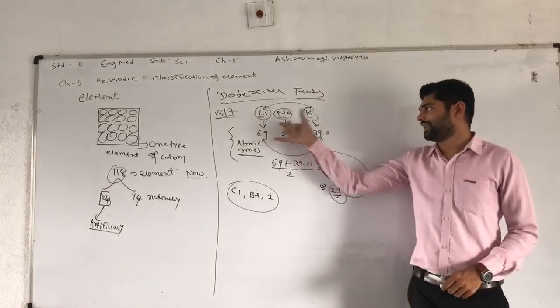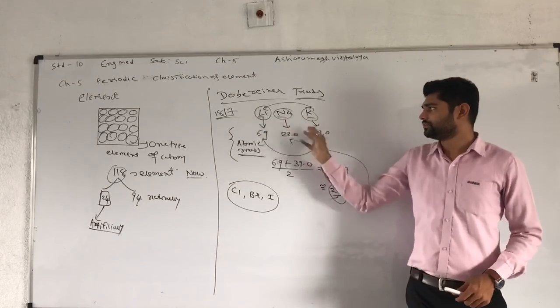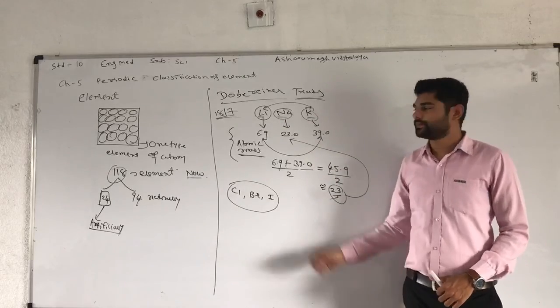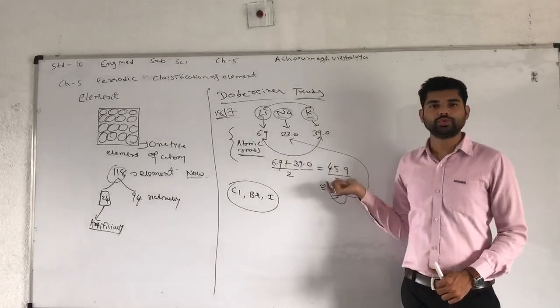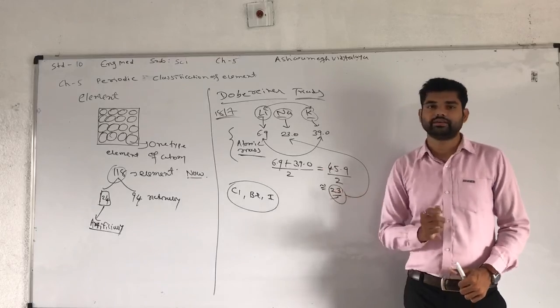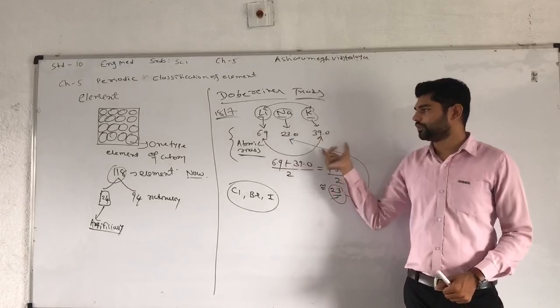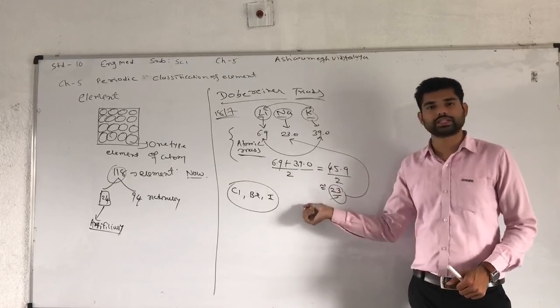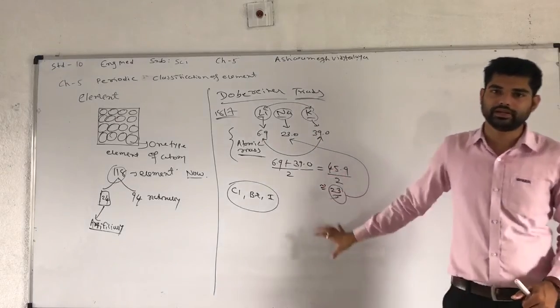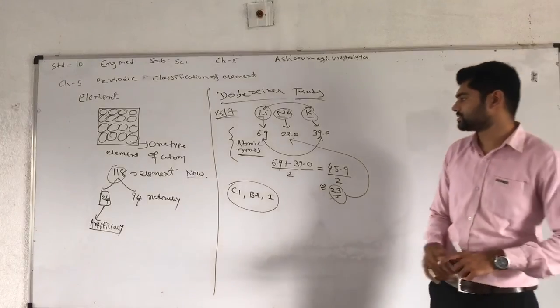Prepare for MCQ questions on Dobereiner's triads: you get the average atomic mass of two elements and the answer is the atomic mass of the third element. You can be asked this concept in the exam. Prepare, understand and read the textbook after watching.